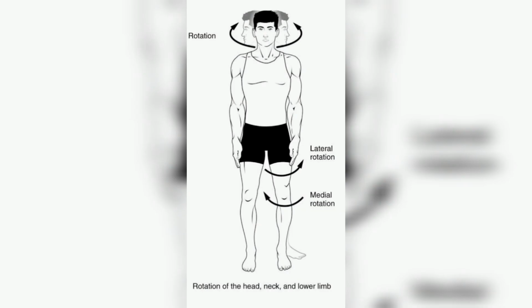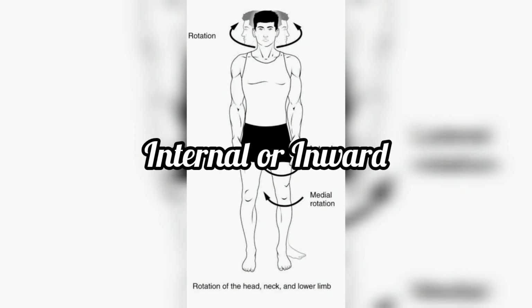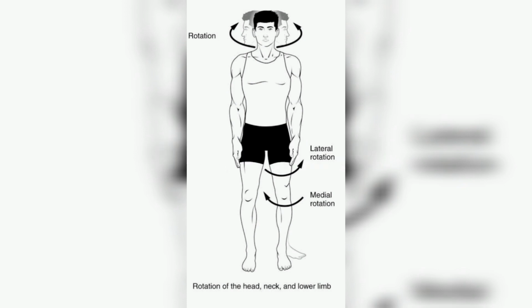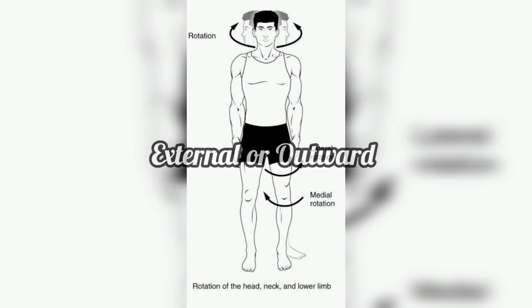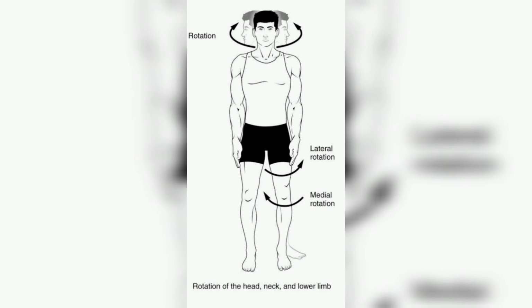The next movements are medial and lateral rotation. Medial rotation, also called as internal or inward rotation, is a rotation that moves the body towards the midline, while lateral rotation, also called as external or outward rotation, is a rotation that moves the body away from the midline.